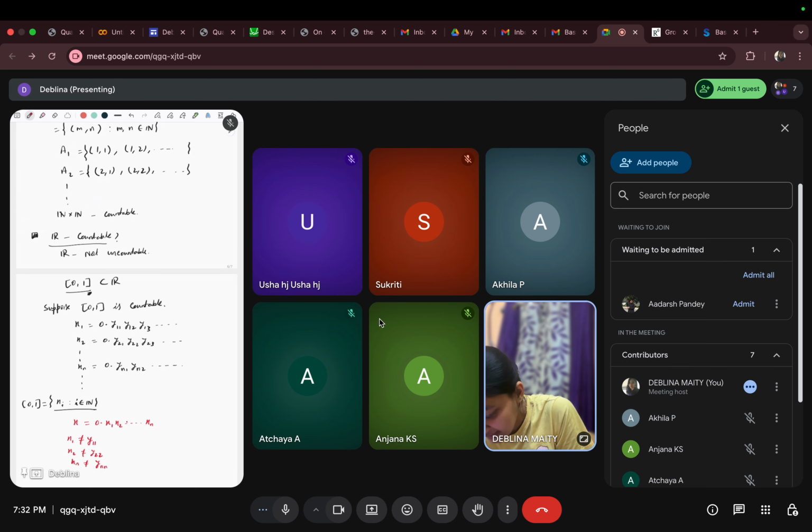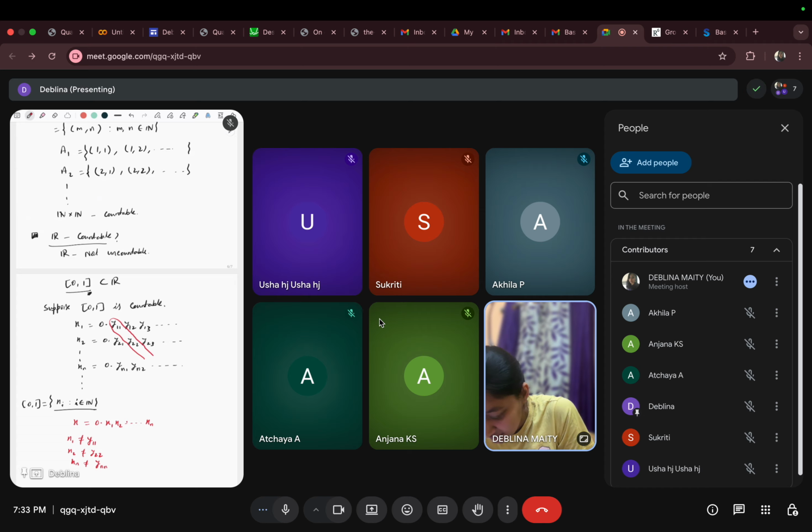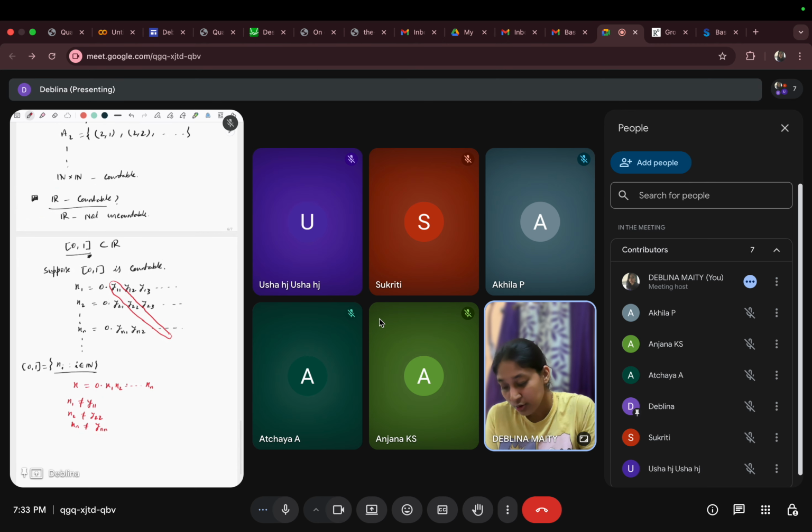So we are taking a number which differs from the diagonal entries. This number x differs from all the xi's at the diagonal entries.